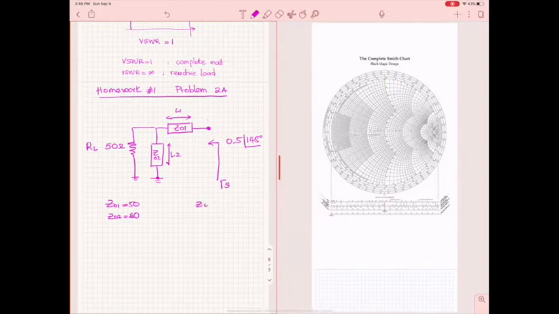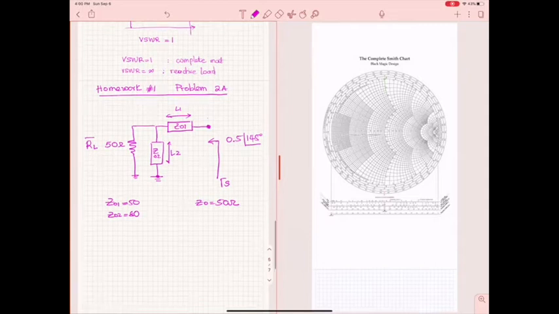Therefore, my R sub L normalized will be 1. Z01 normalized will be 1. Z02 normalized will be 1.6. And then I have my gamma sub S.